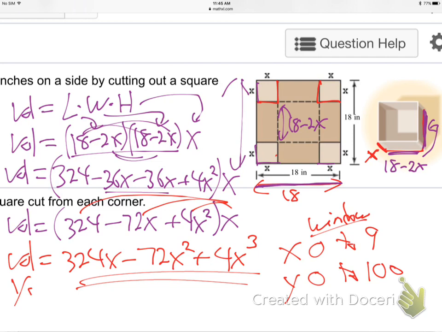When we look at the table, what's your function? So at the X, 324x minus, what was it? 72x squared plus 4x to the thing. Yeah, that looks good. And what's your window? Oh, you went to 94. I just went 0 to 9 this time, and 0 to 500. Let's try that. So there's the graph. Let's see what the table says.